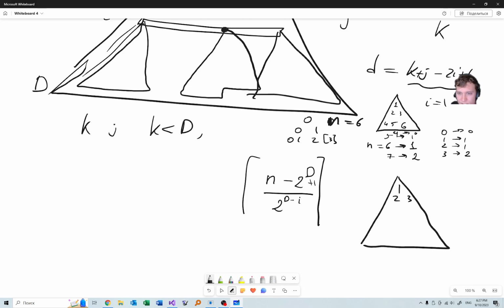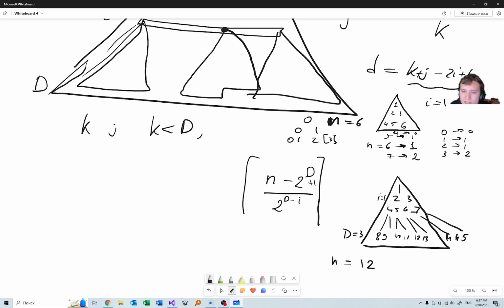1, 2, 3, 4, 5, 6, 7, 8, 9, 10, 11, 12, 13, 14, 15. Okay, for example, n equals 12, and I equals 1 and d equals 3. In this case, I need like 1. What do we have?